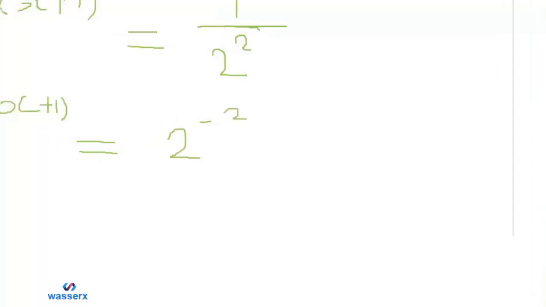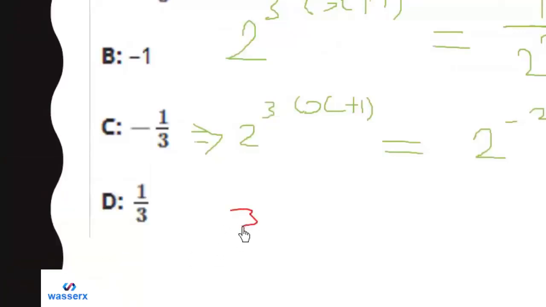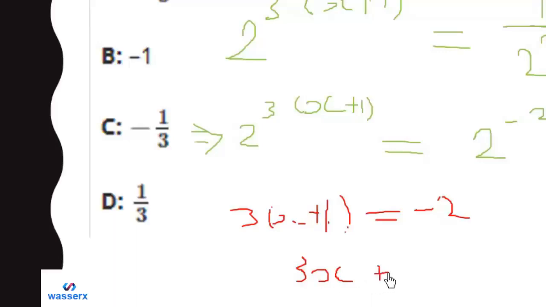So we now equate the exponents to obtain 3 into bracket x plus 1 is equal to negative 2. So expanding the bracket, we get 3x plus 3 is equal to negative 2.